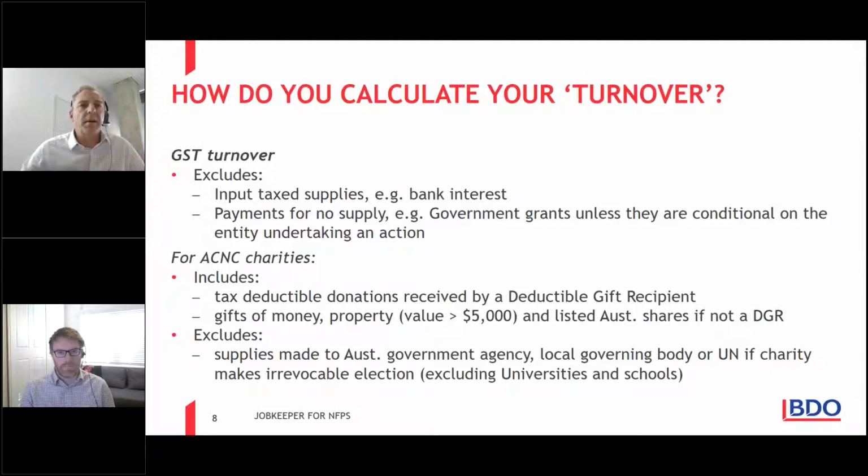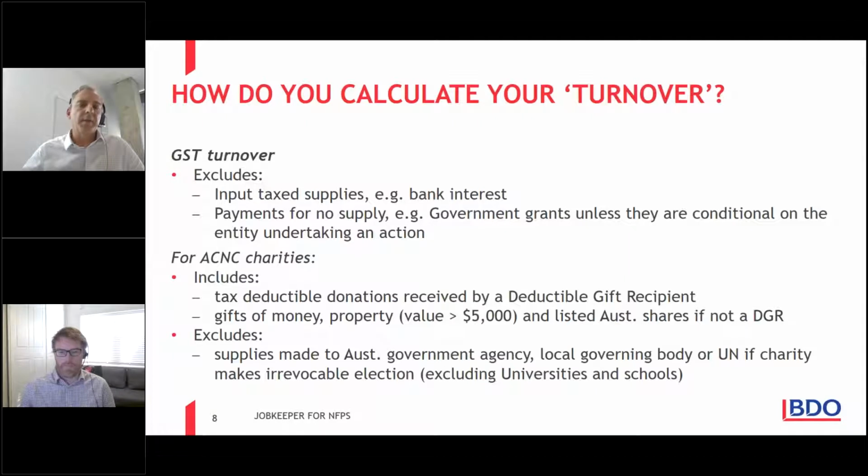Tax-deductible donations, you only get a donation if the value of the property is over $5,000 as well. So effectively, it's the same thing. So all of those numbers have to be taken into account in turnover. If they're not on your BAS, then you have to look for some other source, whether that's a bank statement or somewhere else to try and find those numbers.